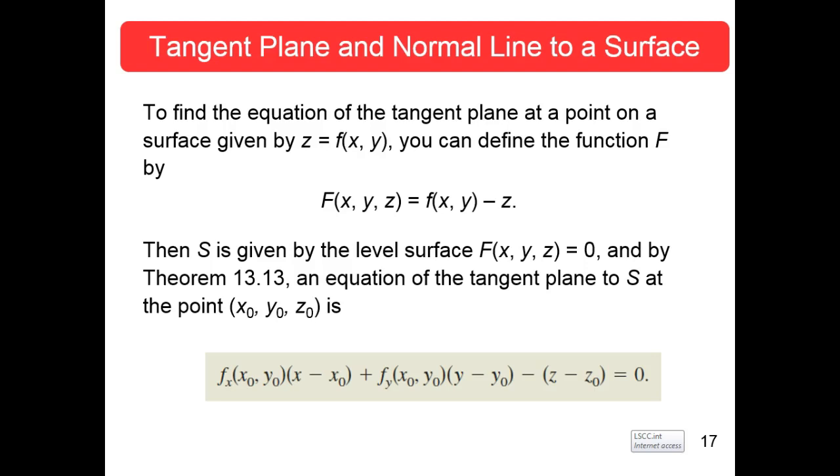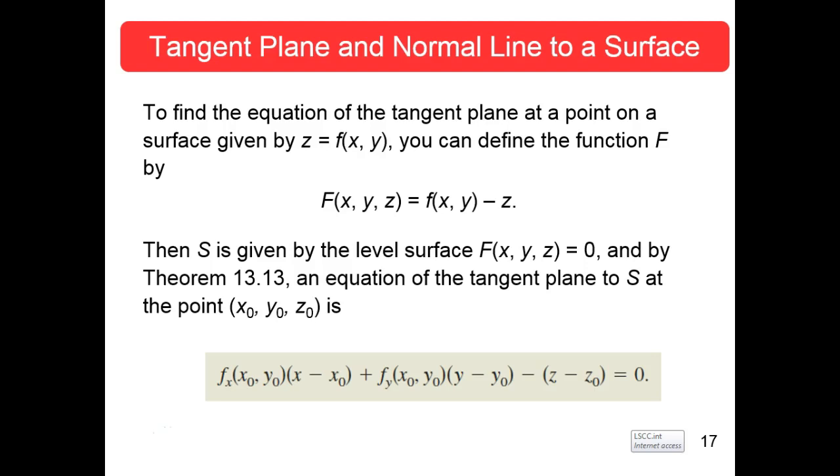There it is, y minus y0, minus the partial of z with respect to z, which is 1, okay? So you don't have a separate partial here, times z minus z0, and that's equal to 0 because they're perpendicular.